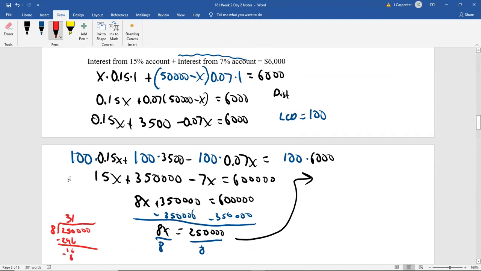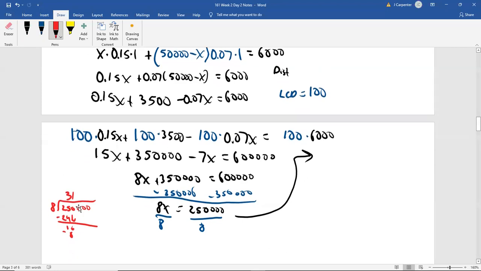Subtract and you get a 2. Bring down the next 0. 8 will go into 20 twice. 2 times 8 is 16. Subtract and you get 4. Bring down the next 0. 8 will go into 40 5 times perfectly. So that subtraction will be 0, which just means you have that next 0 up there. Giving us an answer of x equals 31250.